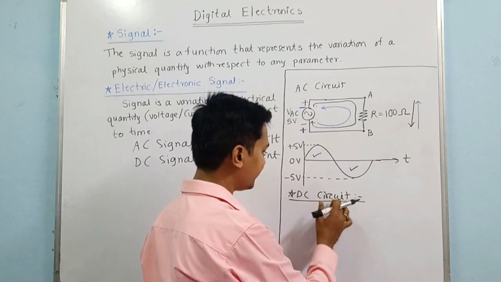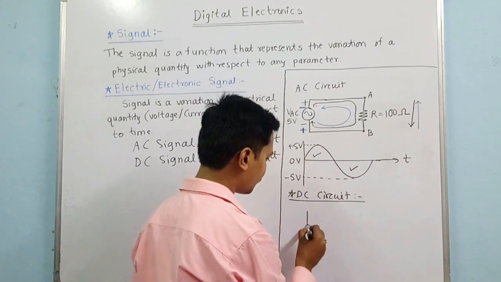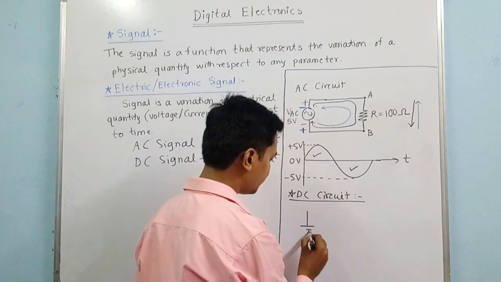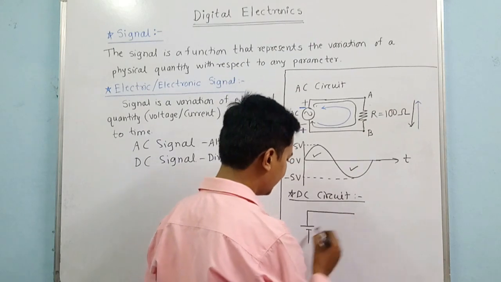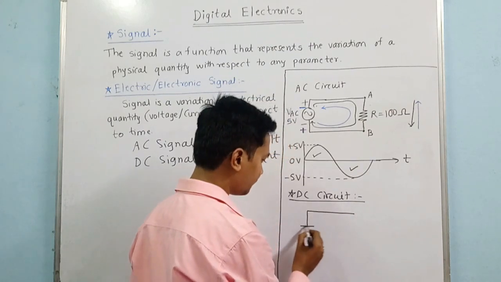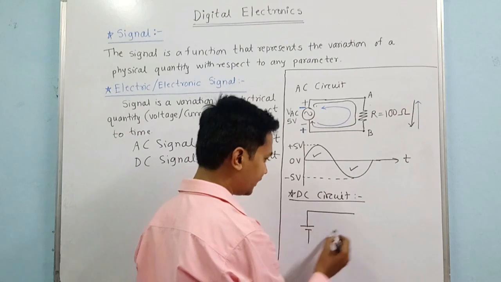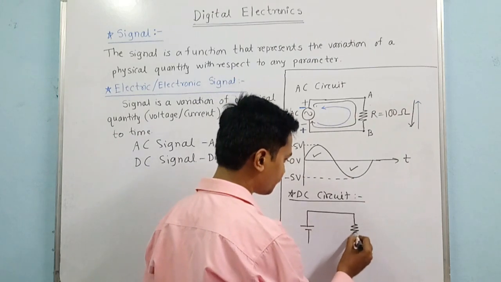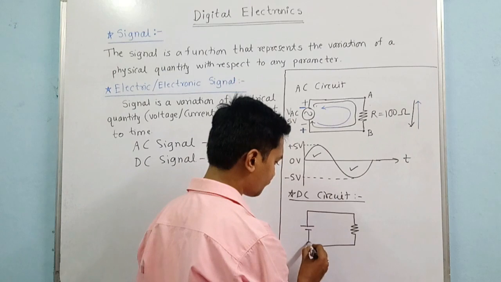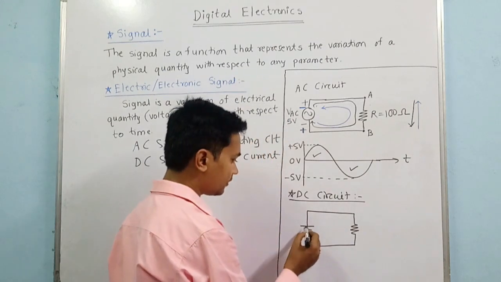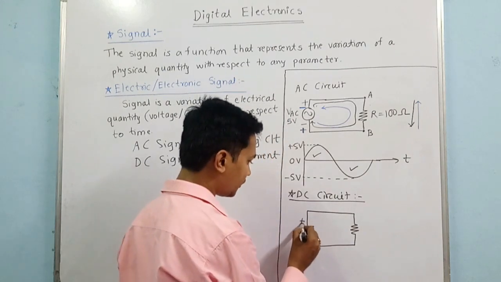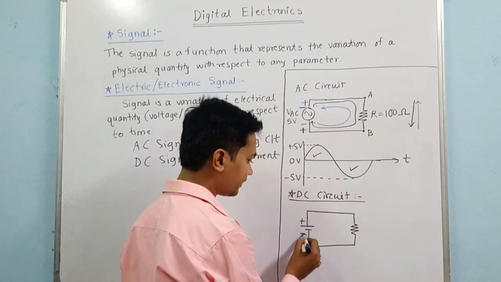But in the DC circuit the voltage source will be unidirectional, and it is shown by this big plate and small plate. Here the big plate is considered as positive and the small plate is considered as negative.